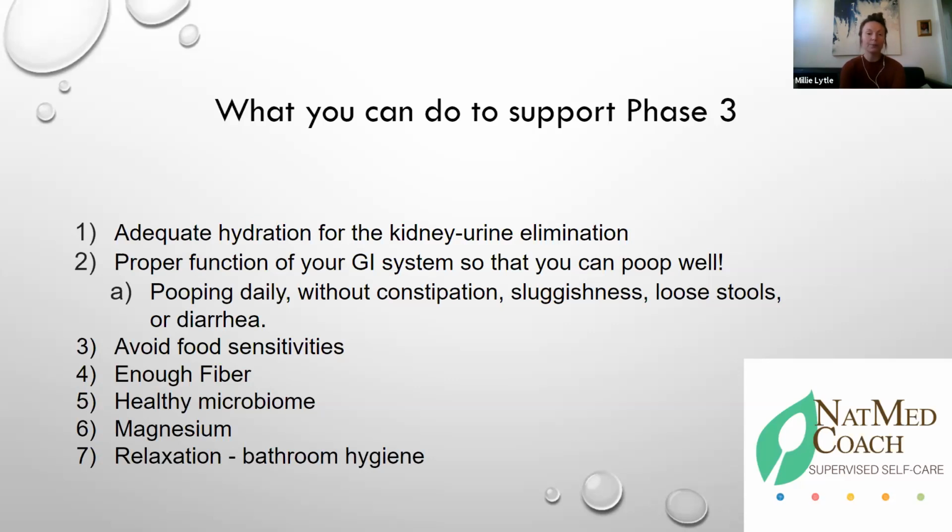Proper functioning of the GI system is also extremely important so that we can poop. If we're not pooping daily, if we have constipation, sluggishness, loose stool, IBS type symptoms, diarrhea on an ongoing basis, then we're not sufficiently getting rid of our waste product. We're not sufficiently detoxing phase 3.